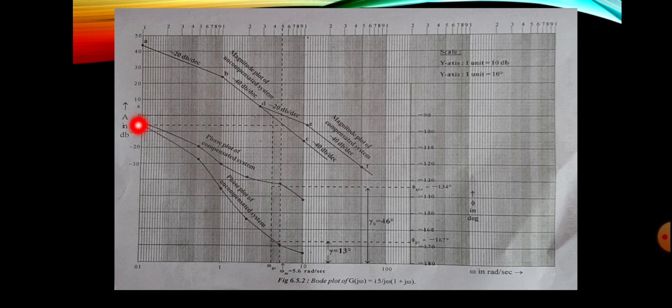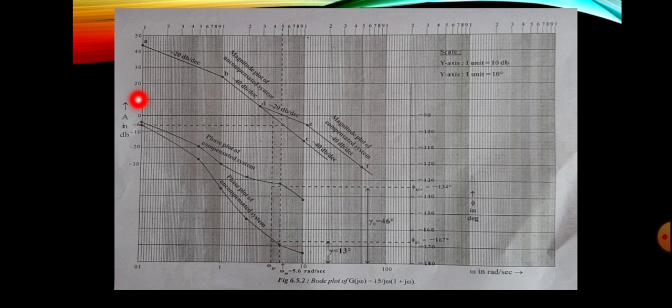See, 0 is taken somewhere here. That means you have to mark positive values up to 44. That is why it is taken, because you have to use the lower portion for drawing the phase plot also. That is why we take 0 and take the magnitude readings on the upper side. So 0 is here.